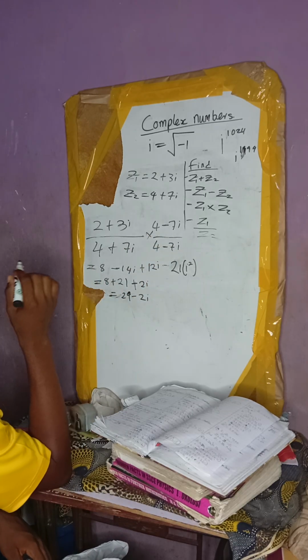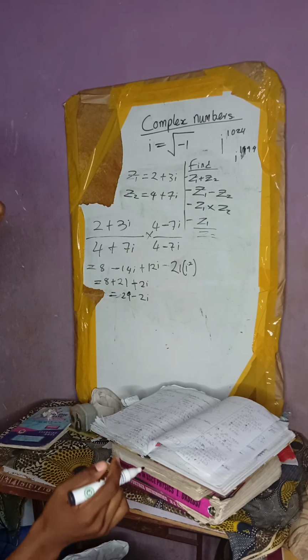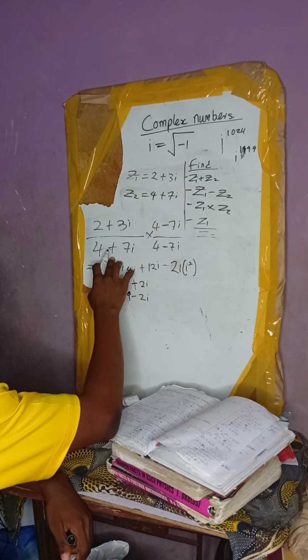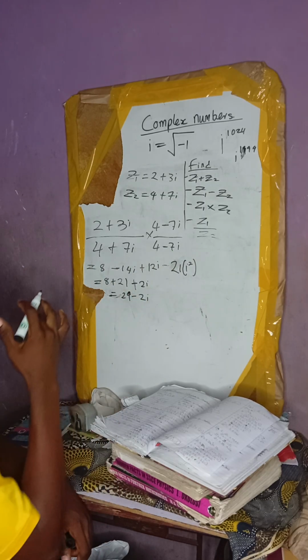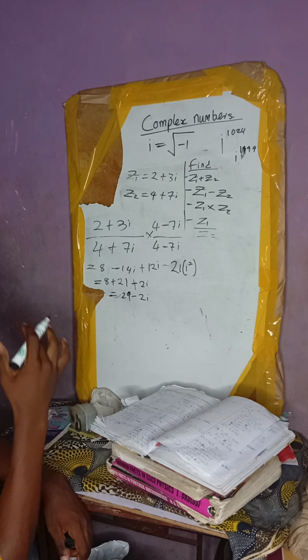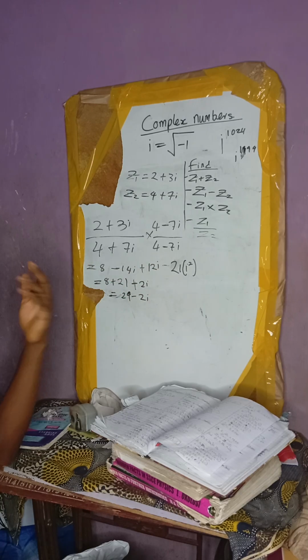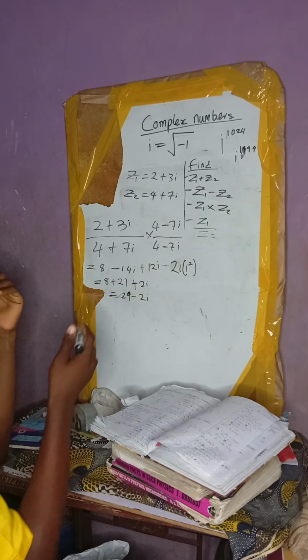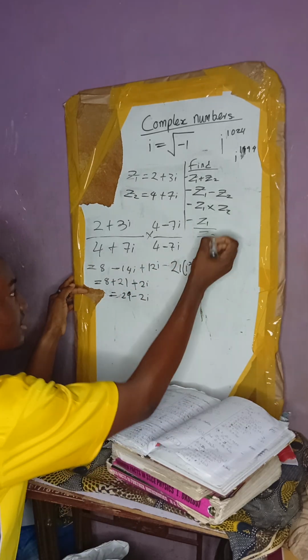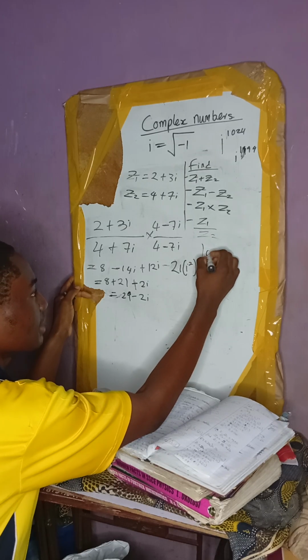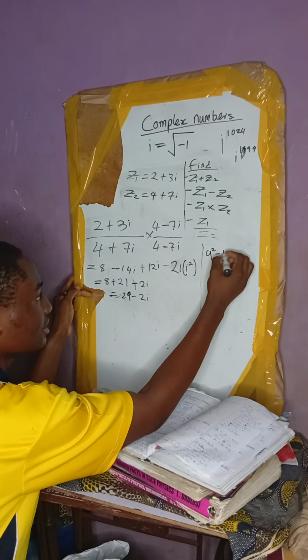Now for the denominator, remember your difference of two squares. Instead of multiplying it out, you can see that this is a difference of two squares. Let me show you what that means first. Imagine you have a squared minus b squared.